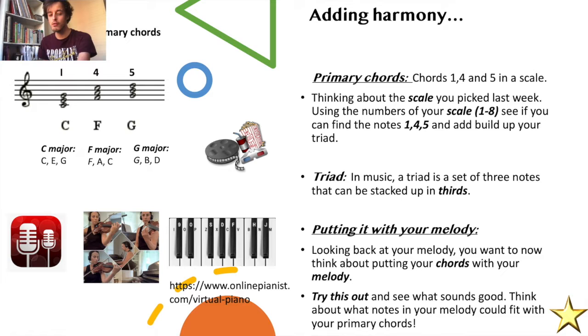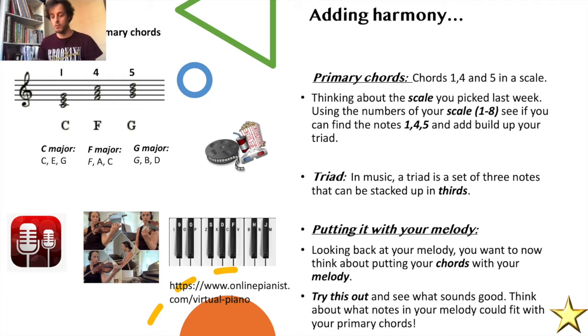I want you to see if you can find the notes 1, 4 and 5 in that scale. So with C major, 1 would be C, D and E would be 2 and 3, and then F would be 4, and then G would be 5.